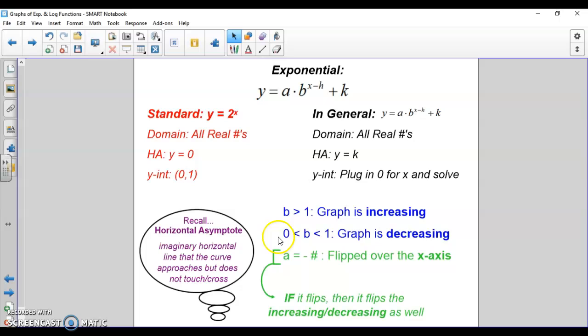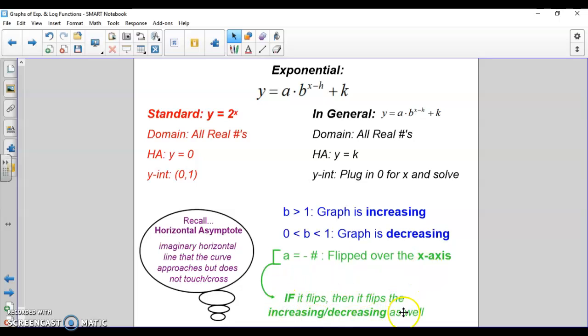There's a couple ways we can figure that out. If b is a number that's greater than 1, it's going to be increasing. I'll show you some examples in the next slide as well. If it's a number between 0 and 1, the graph is going to be decreasing. So like 1/2, 3/4, stuff like that. Now if a is negative though, so if there's a negative out front, it's flipped over the x-axis.